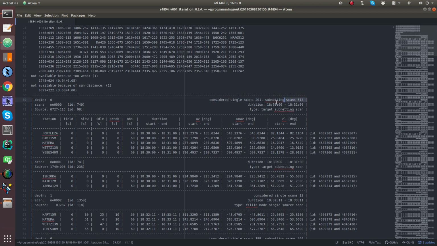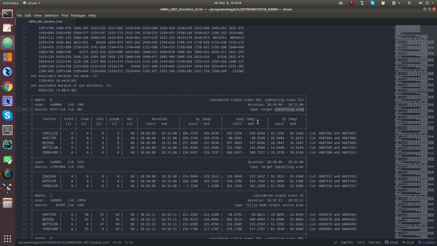So in total it was considering a little bit about 700 possibilities, and all of these 700 possibilities were given a score based on the metrics I've just discussed before, and then these scores were combined to create the final score, and then the schedule with the highest final score was selected. And in this case it was a subnetting scan.